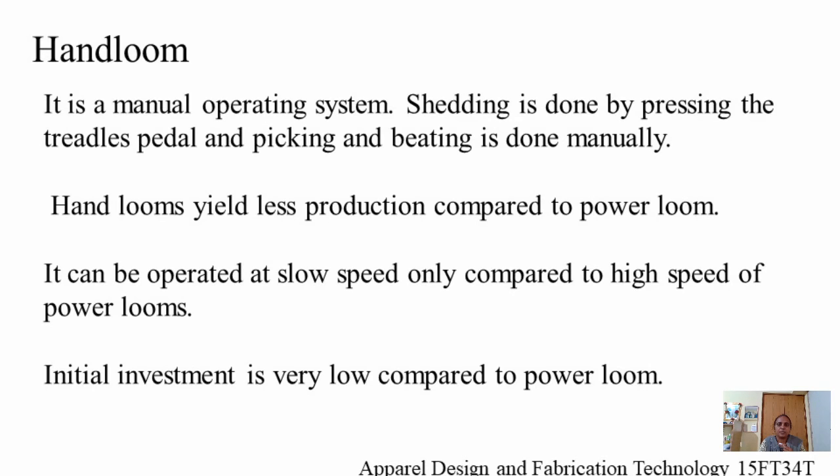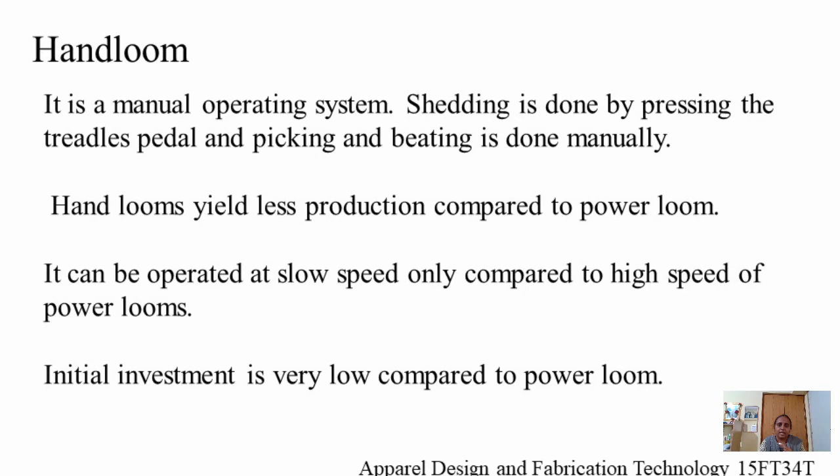Handlooms yield less production compared to power looms. As you know, because the operating system is a man, the production will be very less compared to a power loom, that is, a machine loom. It can be operated at slow speed only compared to the high speed of power looms.